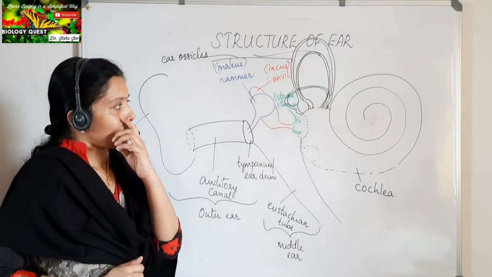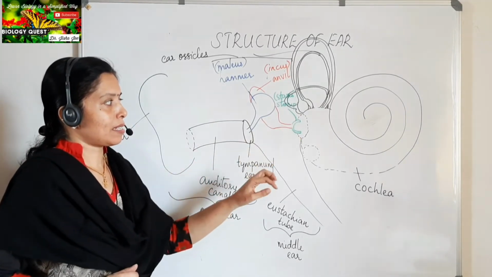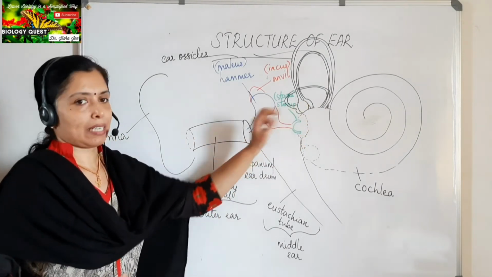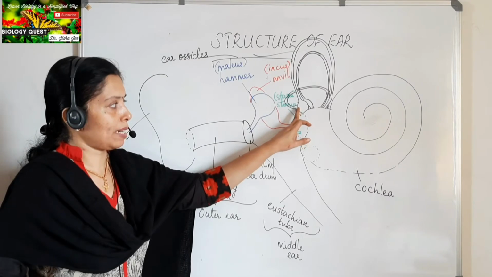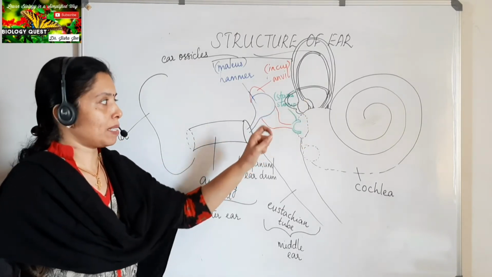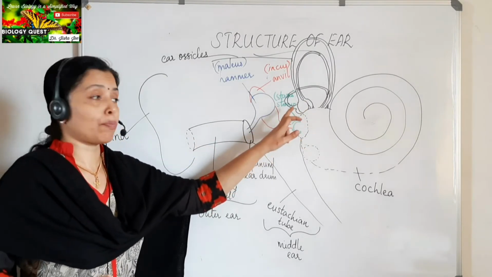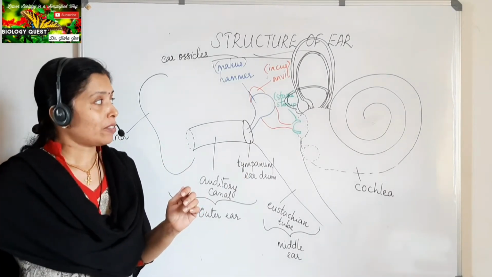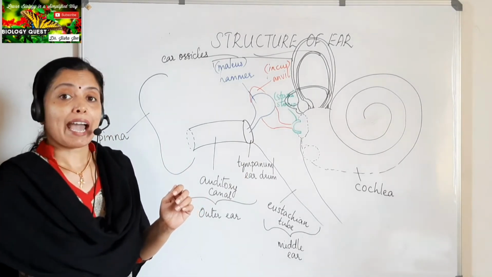If you look at the semicircular canals, you can see a peculiarity there. One end of all the 3 is expanded, isn't it? This expanded region is called the ampulla.